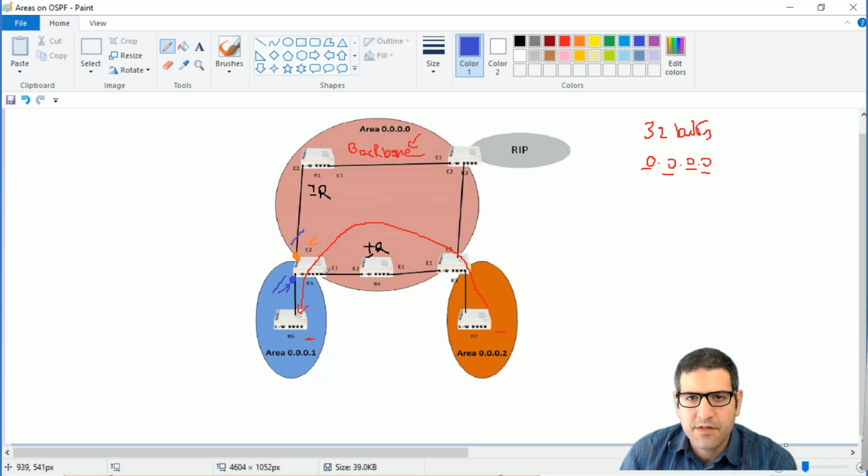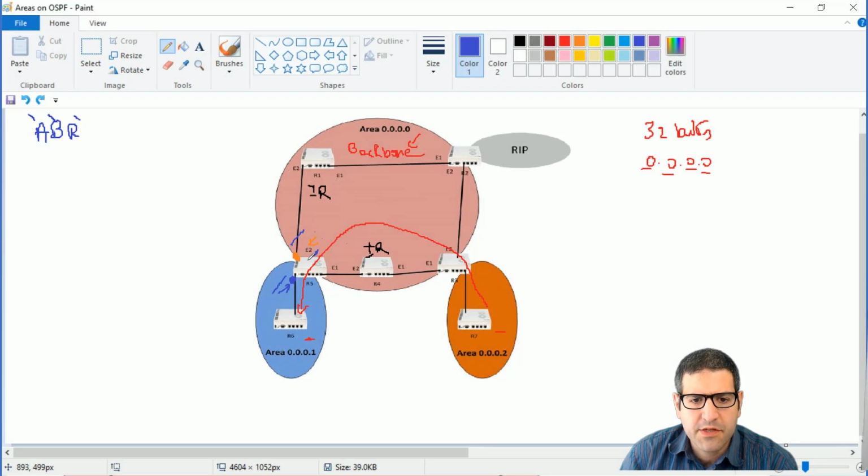This type of router is called an ABR. It stands for Area Border Router. An area border router is a router which has connectivity between two areas, in this case the backbone area and area 1.